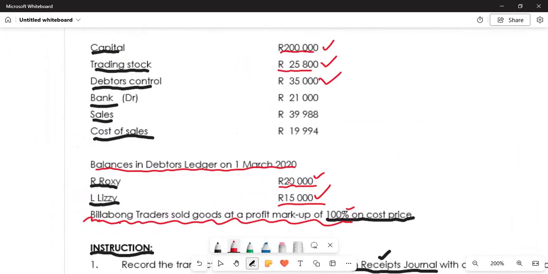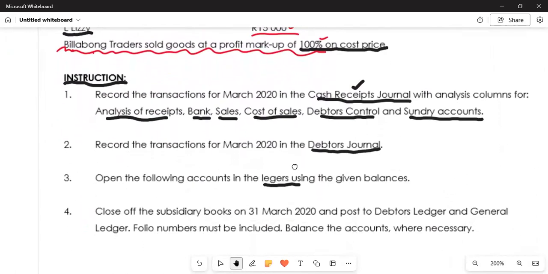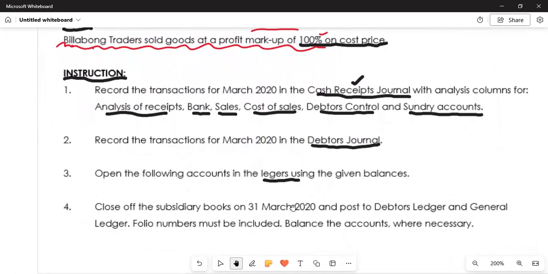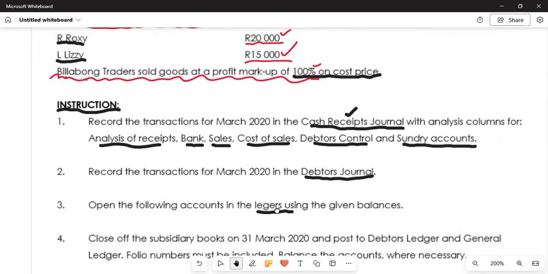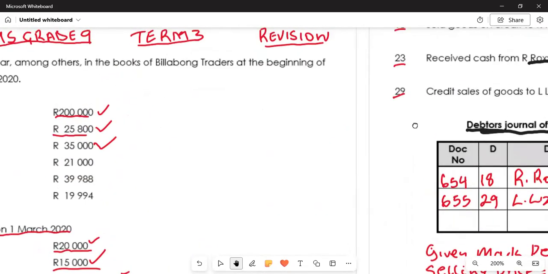So now moving on, we can now go to debtors journal on the debit side. So debtors journal, we want to know the goods that we sold on credit to our debtors. Goods sold on credit to debtors.